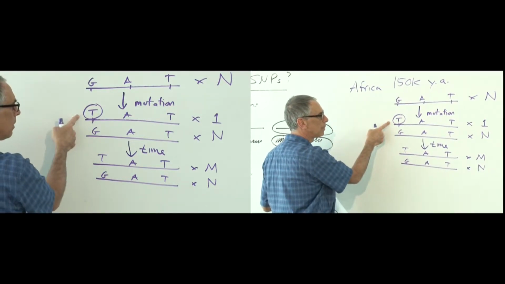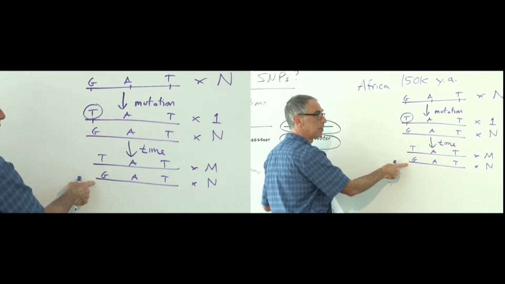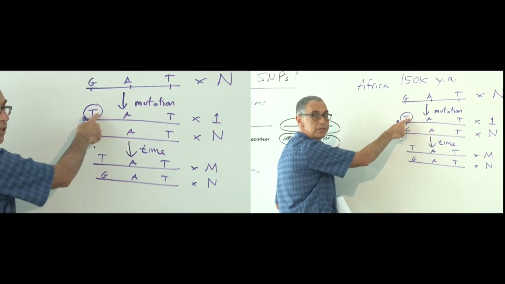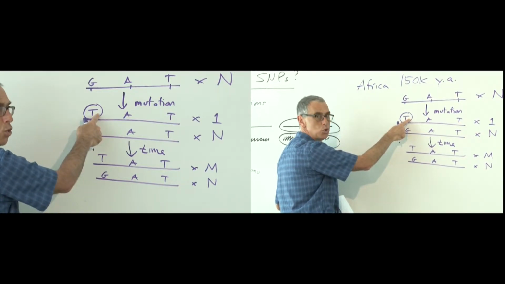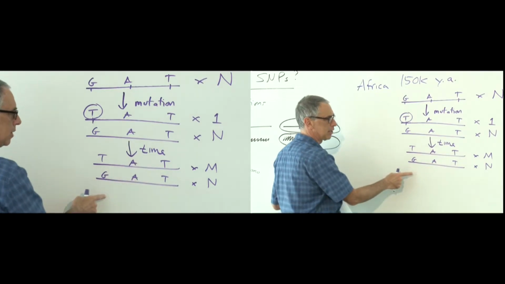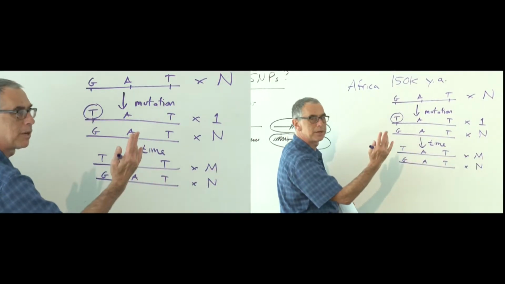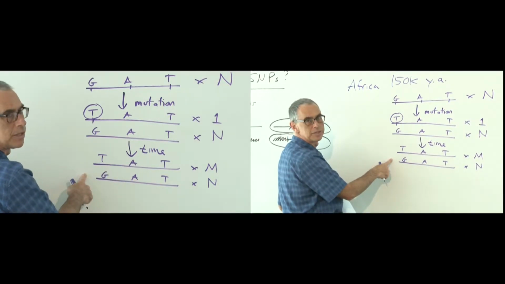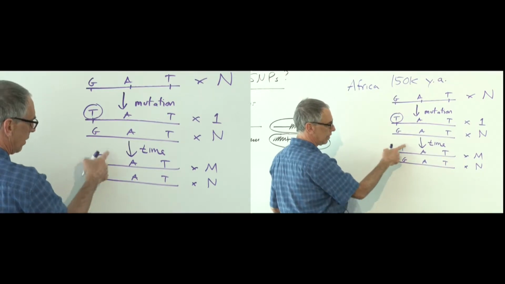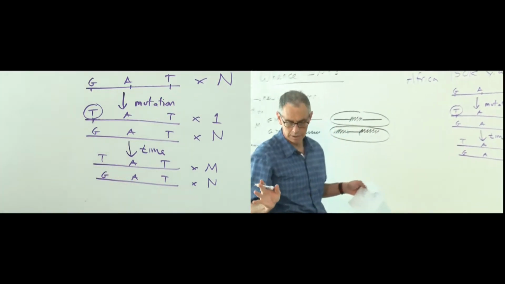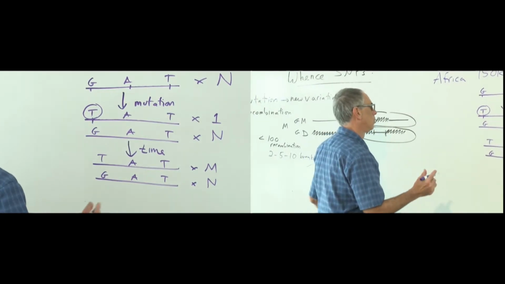We created a new haplotype. The haplotype could have died out, but in this case it didn't die out. It started out as a mutation because it was rare and it was new. Now time has passed, it's no longer new, it's no longer that rare, there's M of them. I haven't told you what M is, but it's much bigger than 1. And so now it's a polymorphism, okay? And we have our first SNP, in this region at least, we have a G/T SNP at position 1. Great, no problem. In fact, going great.